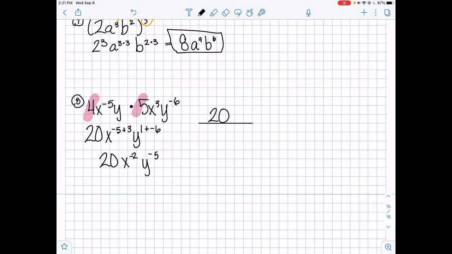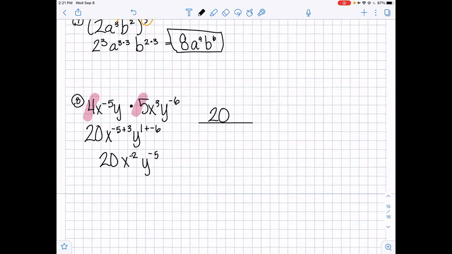Then I move the x to the bottom and it makes it positive. I move the y to the bottom and it makes that positive. But we were so close to having that. If you got to the point where you wrote it down, 20 x to the negative 2, y to the negative 5, awesome job, because that was the hardest problem. Questions over any of these?